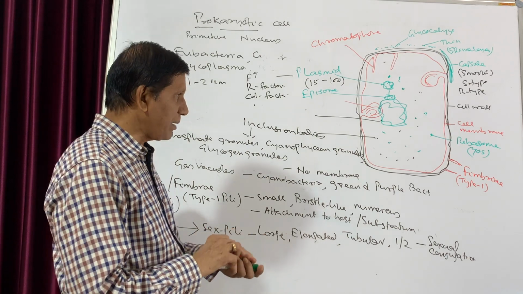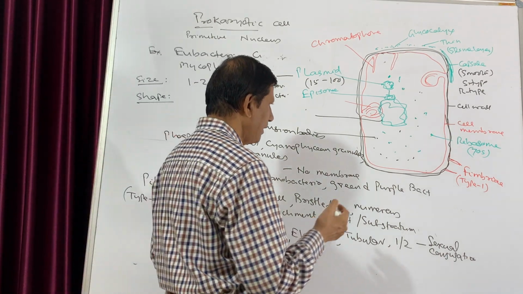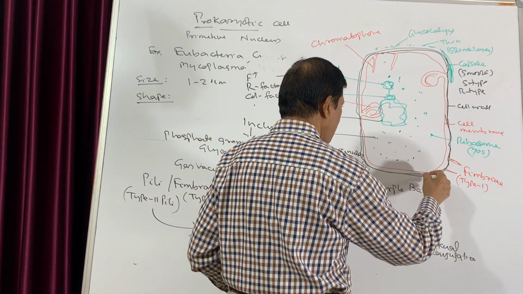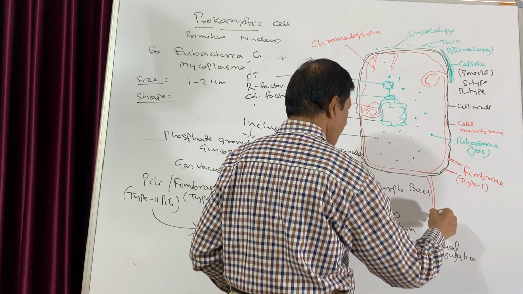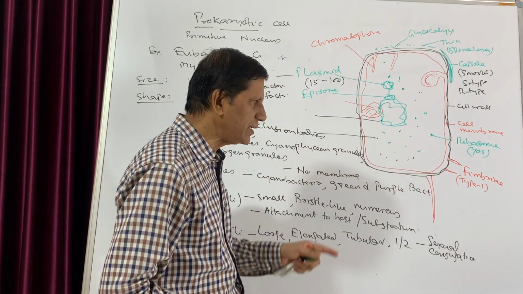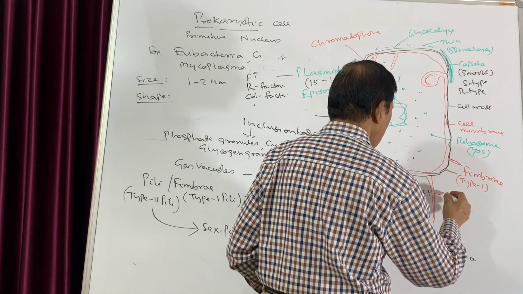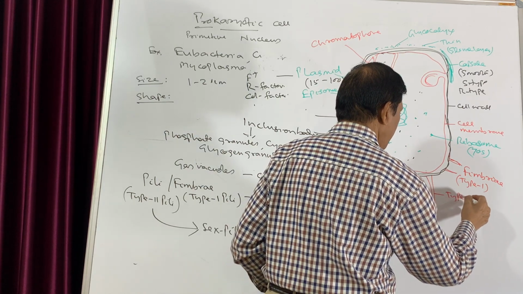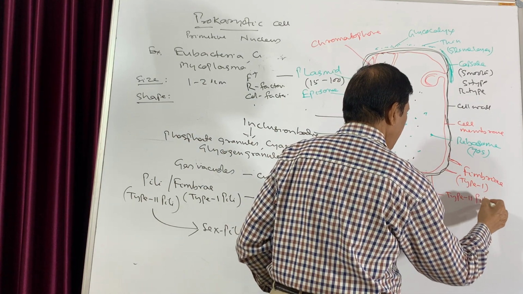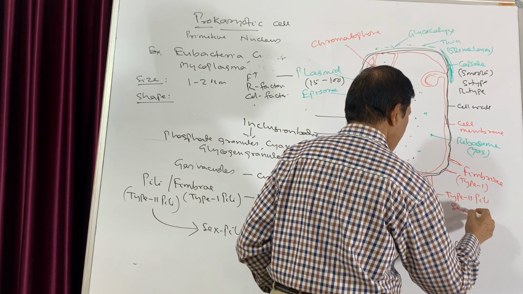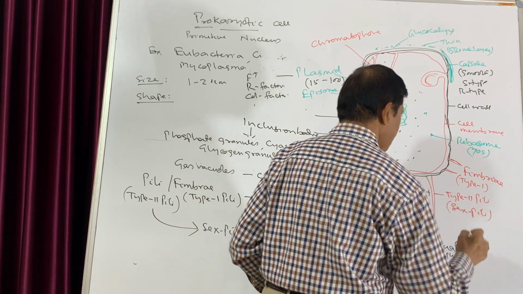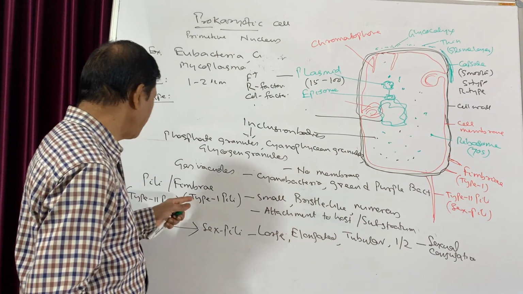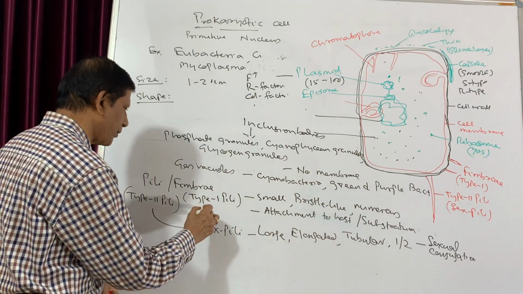But sometimes you will find certain elongated, tubular, large ones like this, and this is known as type 2 Pili, or we can call it a sex Pili. And this Pili or Fimbri is made of the protein pilin.